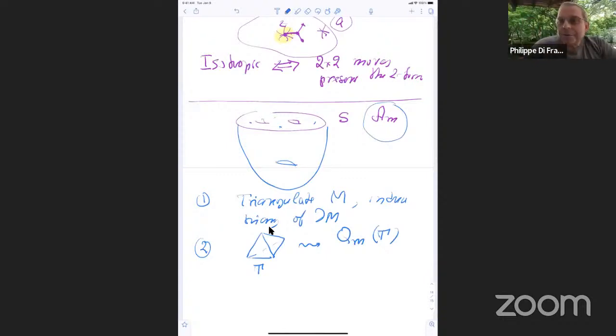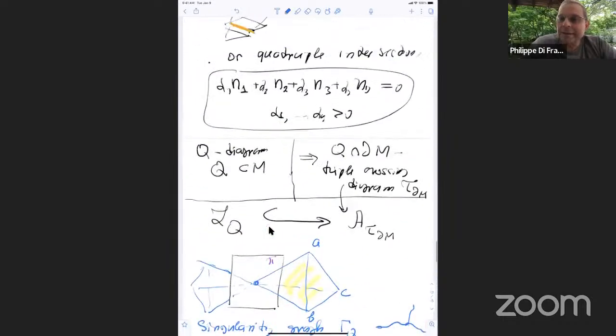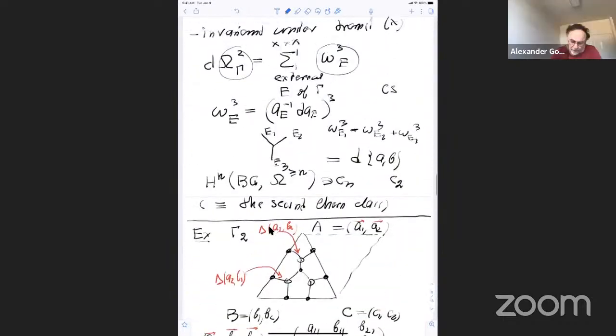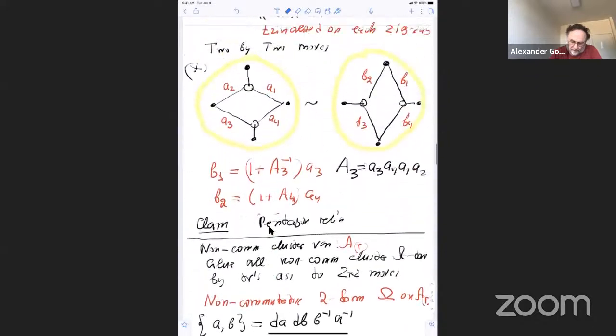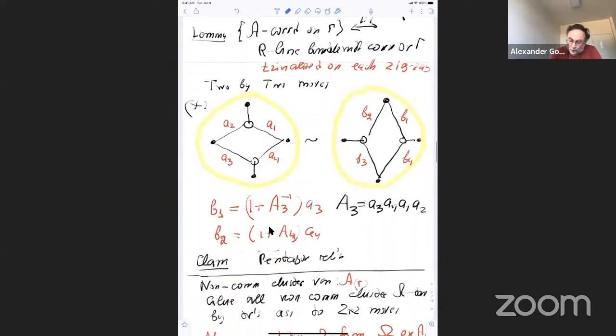I have a question. Is there Laurent property and positivity also in these non-commutative cluster varieties? Yes. If you look at these formulas, you see that the signs are plus.